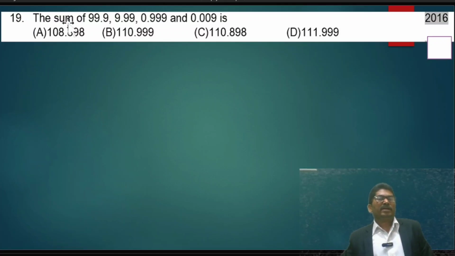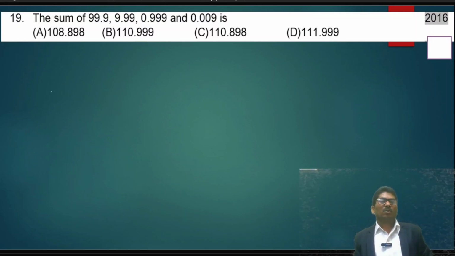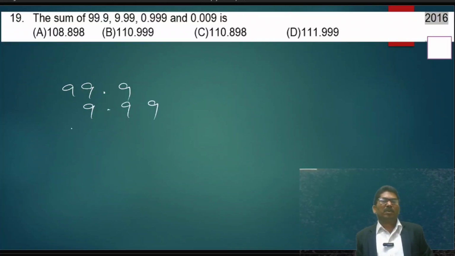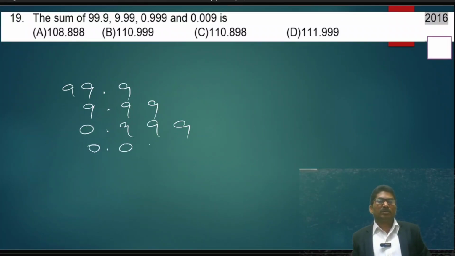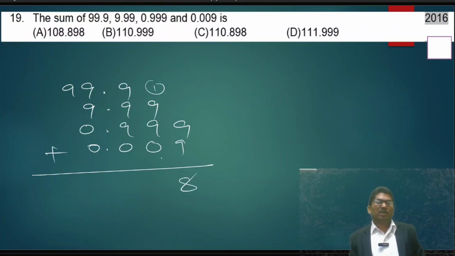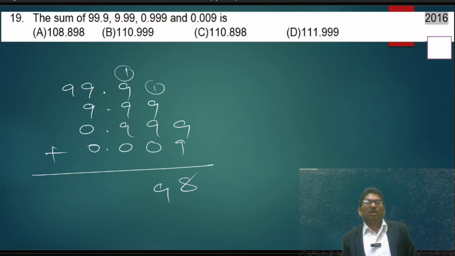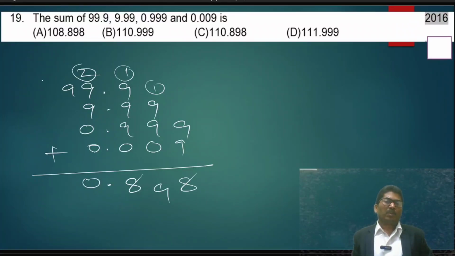Next question 19. The sum of 19.9, 9.99, 0.999 and 0.009 is an addition problem. 19.9, 9.99, 0.999, 0.009. 9, 18, 19. 9 3s are 27, 28, 2 carry. 9 plus 18 is 20, 2 carry, 2 plus 9 is 11.